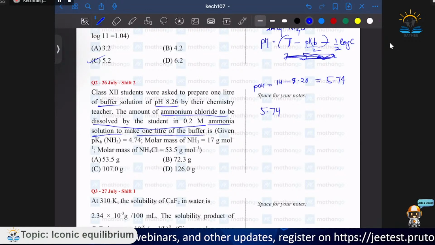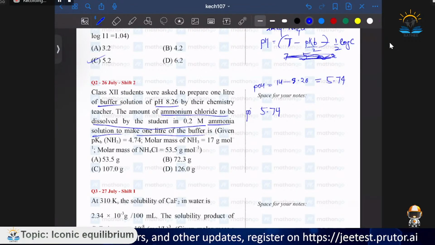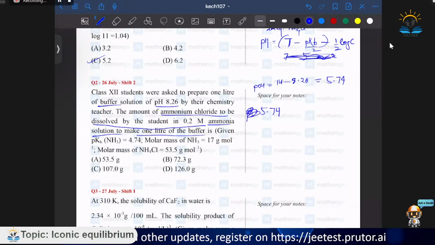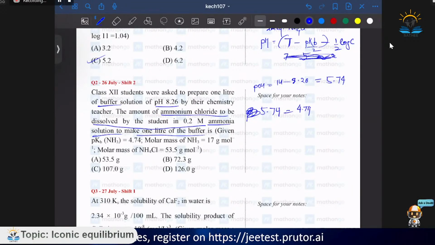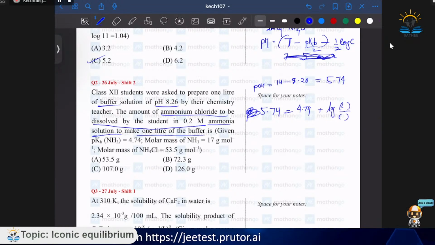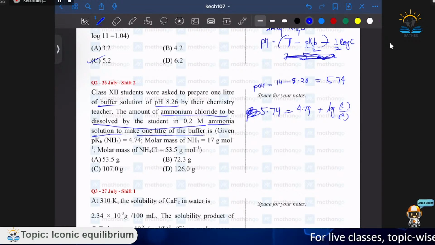So pOH is equal to pKb, which is 4.74, plus log of conjugate acid upon base concentration.